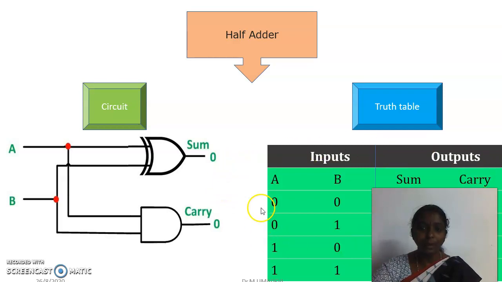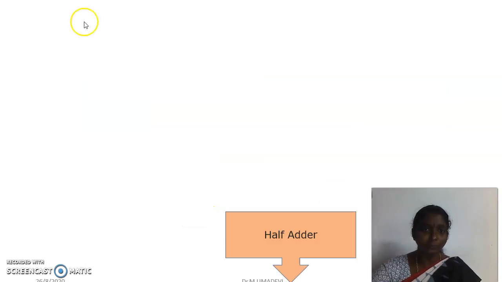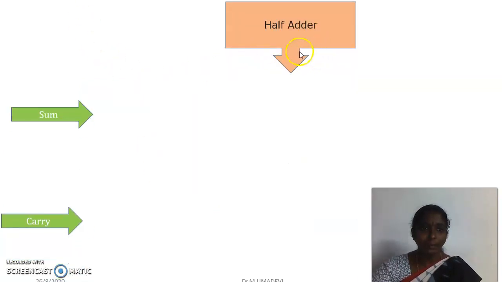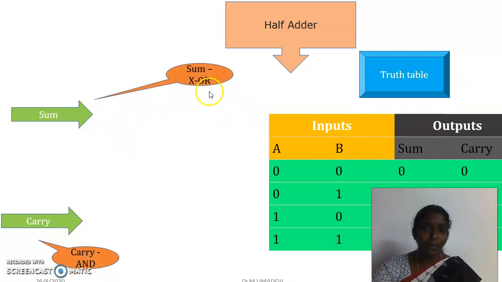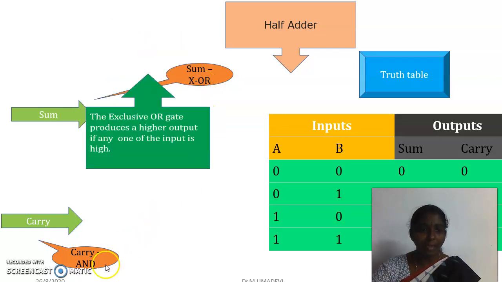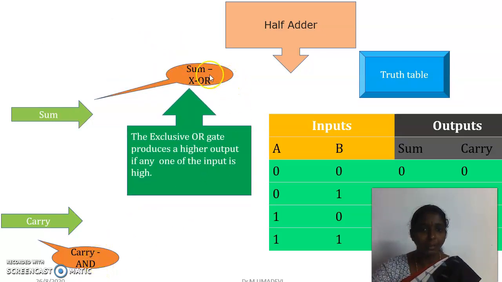From this truth table, it is concluded that if any one of the inputs is high, then we'll get sum. If both the inputs are high, we'll get carry. If both the inputs are low, sum 0, carry 0. I'll explain again. We know that the half adder has sum and carry, and through this truth table, the sum can be obtained through exclusive OR gate and the carry we can obtain through AND gate.